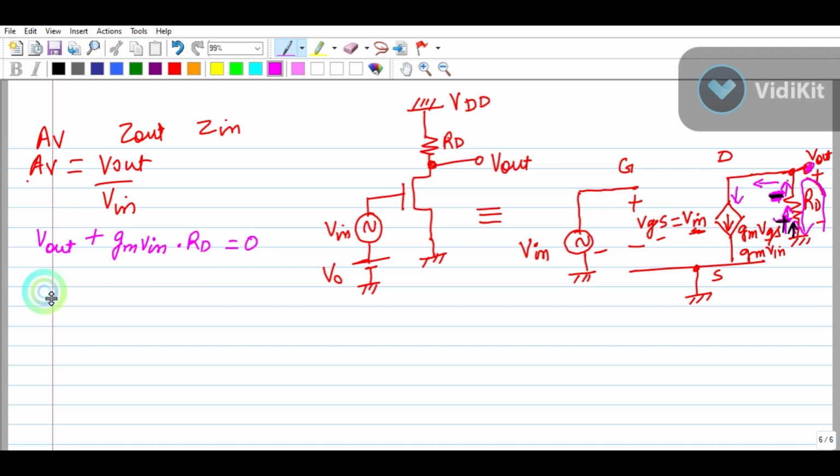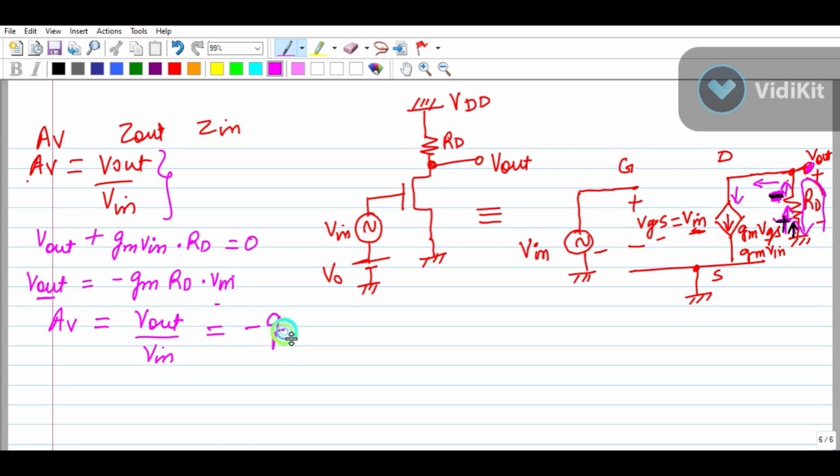So V out will be equal to minus gm RD times V in. We want to calculate AV, which is equal to V out by V in. V in will go to the left side, so the remaining part will be minus gm RD. Okay, so this is the gain.